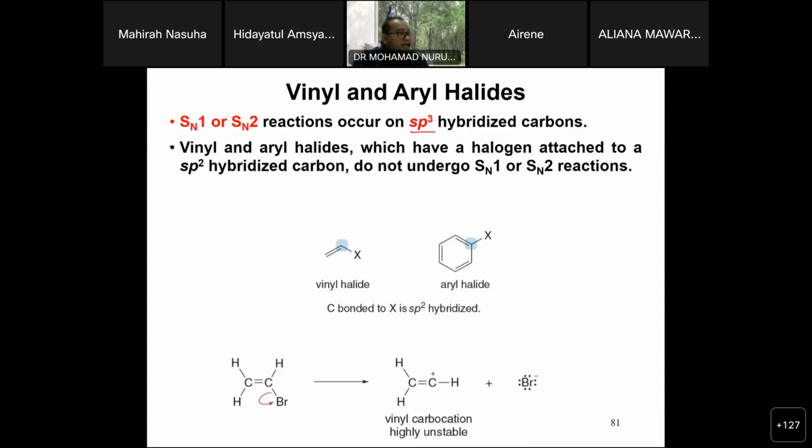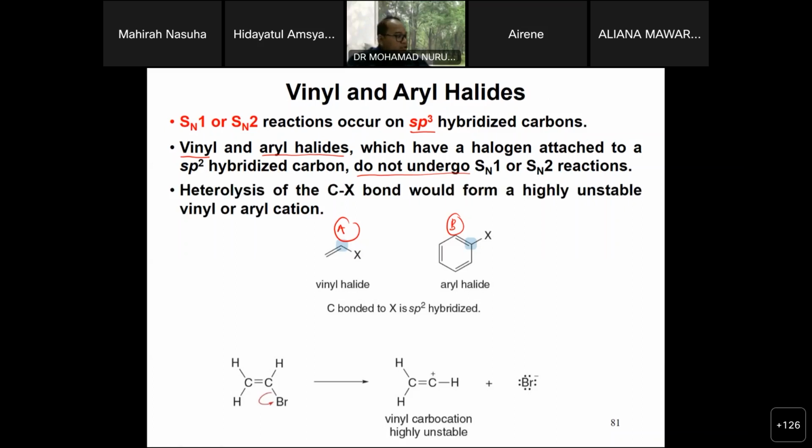Vinyl, this is vinyl A, and aryl, this is aryl B, which have halogen attached to an sp2 hybridized carbon, do not undergo SN1 or SN2 reactions, because you have to follow the first rule, which is sp3 hybridization. Heterolysis of the C-X bond would form highly unstable vinyl and aryl cations.